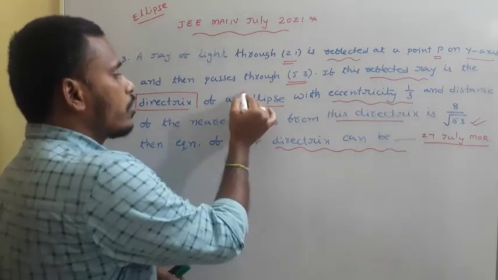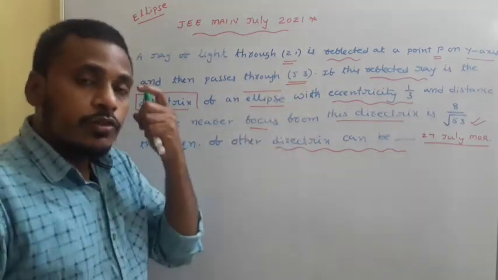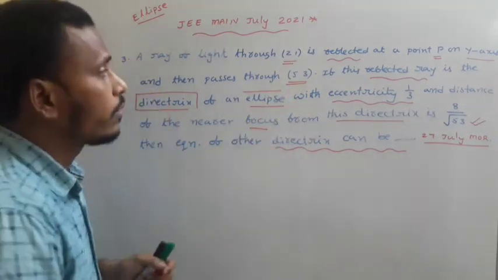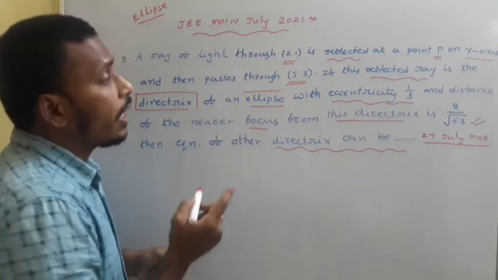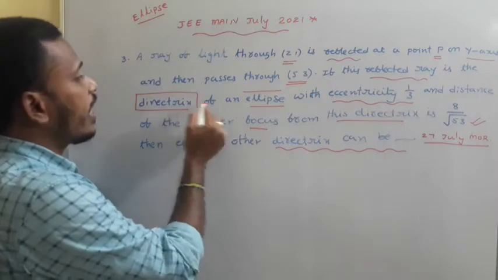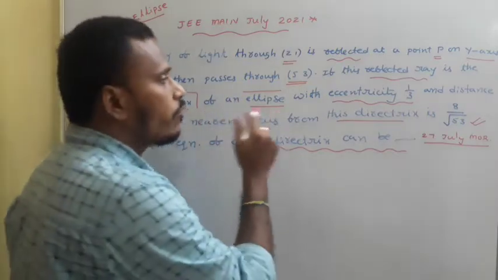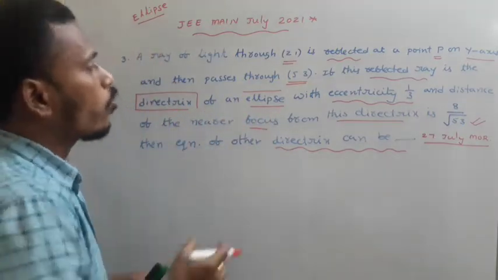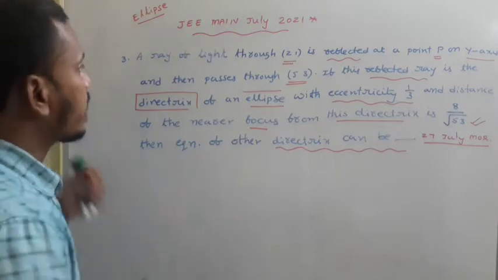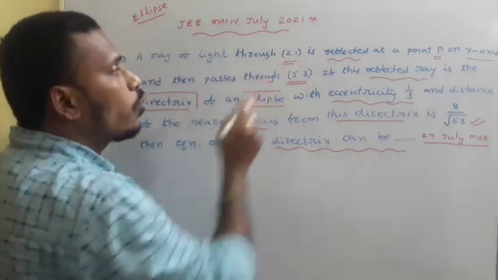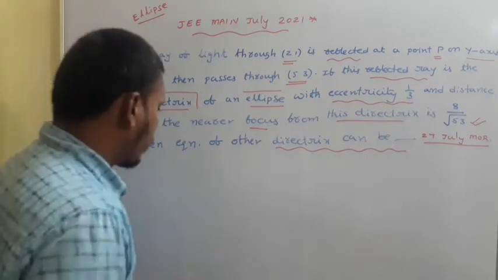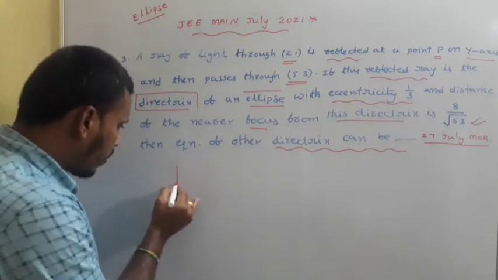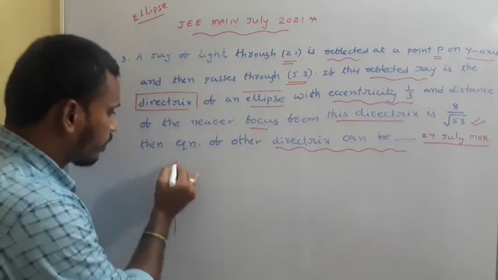Okay, so the question is about an ellipse. First of all, we need to find the reflected ray from the first statement, and that reflected ray is the directrix of the ellipse with eccentricity 1/3. How to find that reflected ray? As they said, a ray of light through (2, 1) is reflected at a point on the y-axis. Suppose this vertical line is the y-axis.